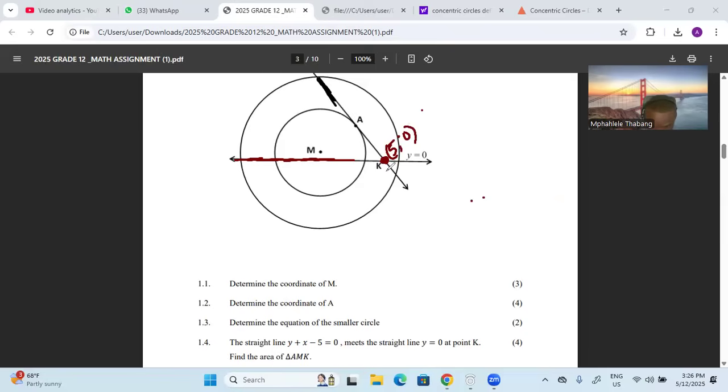Okay, so they say the straight line y + x − 5 = 0 meets the straight line y = 0 at a point K. So at K, y is 0. You simply have to find x, and we found that x is 5. Find the area of triangle AMK. So let us look at the triangle they are talking about.